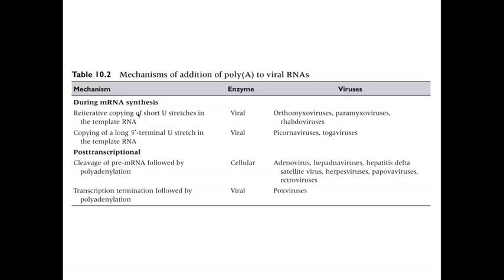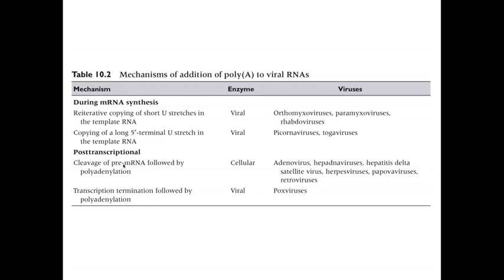For the RNA viruses, the first two categories here, poly-A is added during mRNA synthesis in one of two ways: either by reiterative copying of short U's in the template, which influenza virus, for example, does, or by copying of a 5' U stretch in the template RNA, which is what happens, for example, in picornavirus genomes.